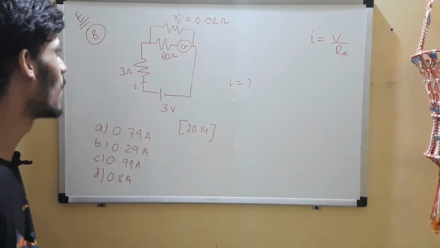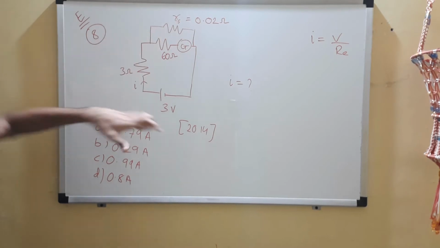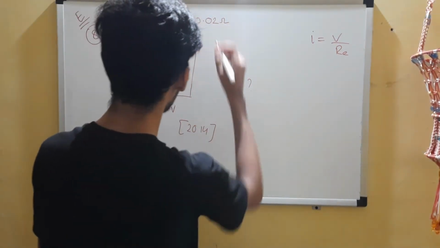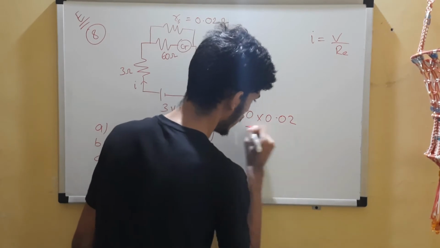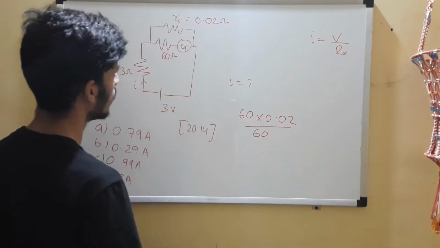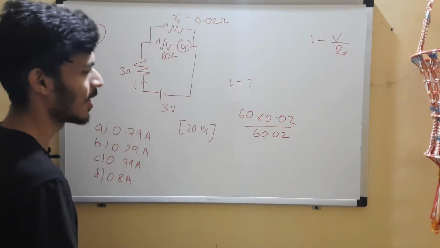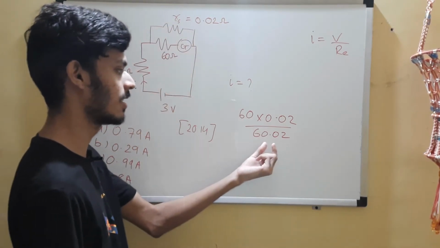So R_e, first of all, you can see that these two are in parallel combination, right? Shunt is connected in parallel to convert to an ammeter. So parallel combination, product upon sum: 60 into 0.02 upon 60 plus 0.02, that will be 60.02.